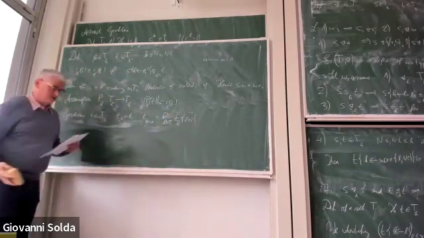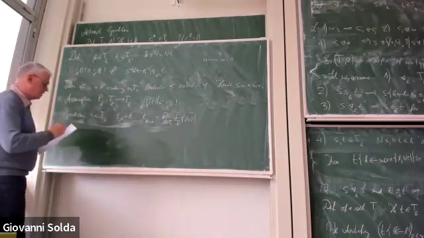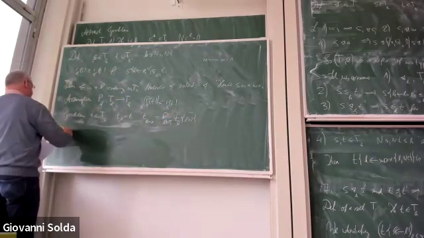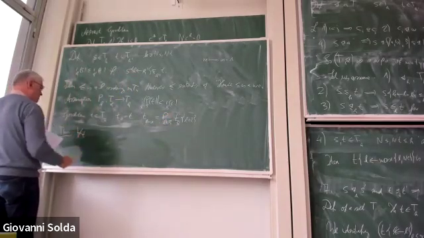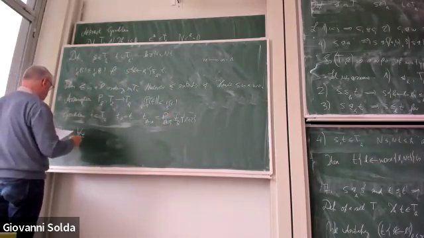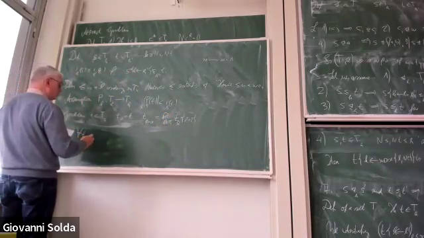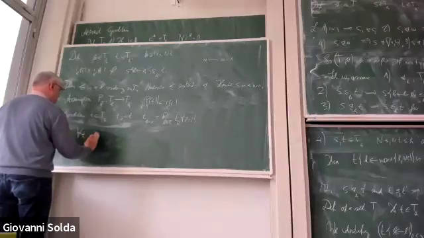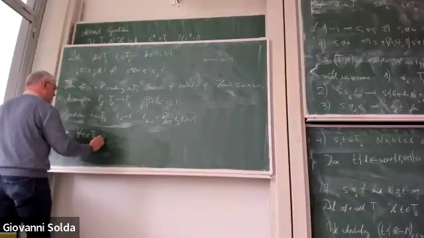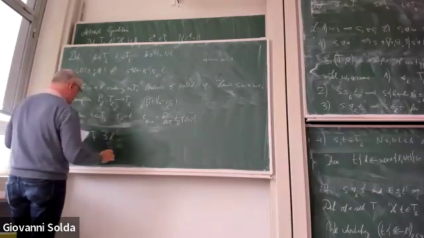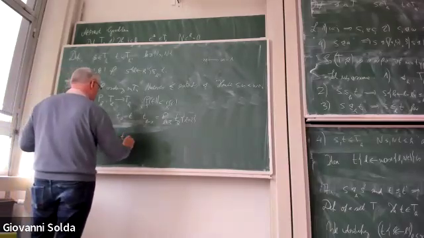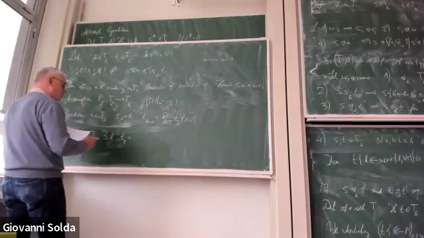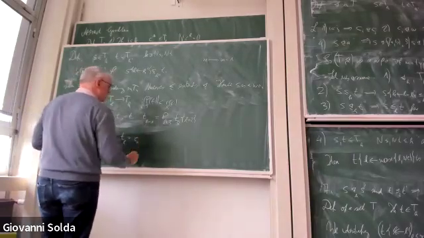And then the claim is, for all T in TK, there exists L such that PL is 0, which is the function 0.